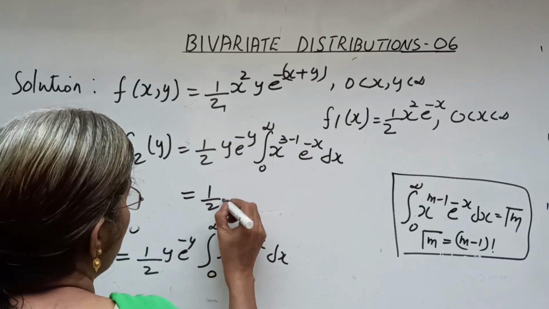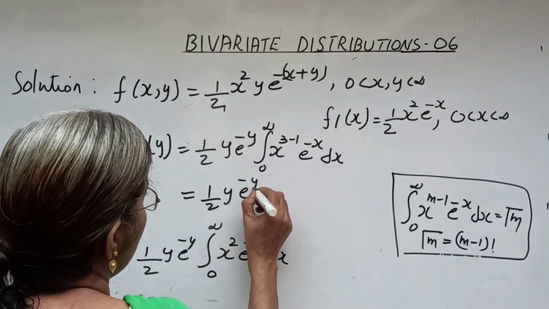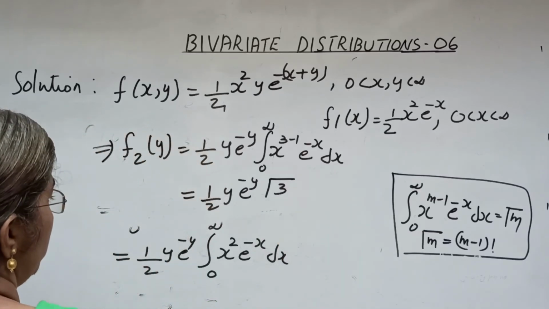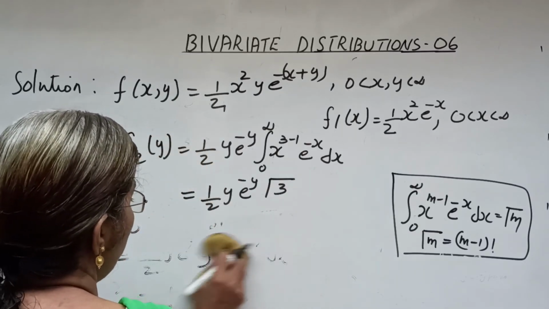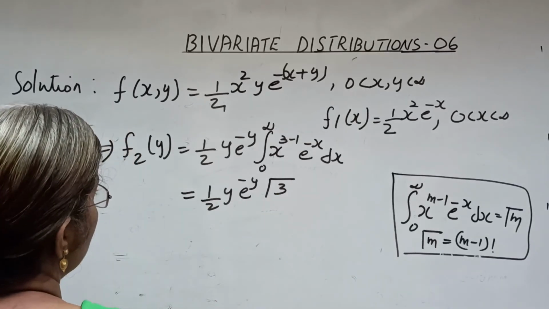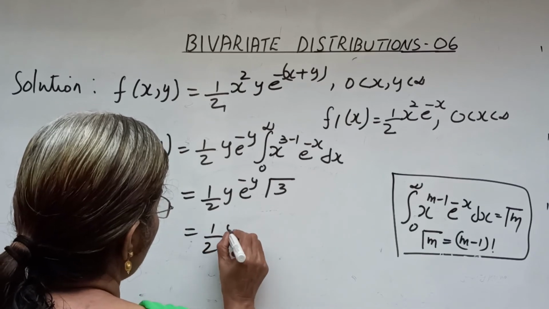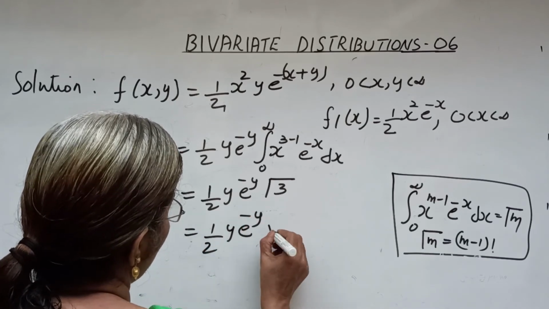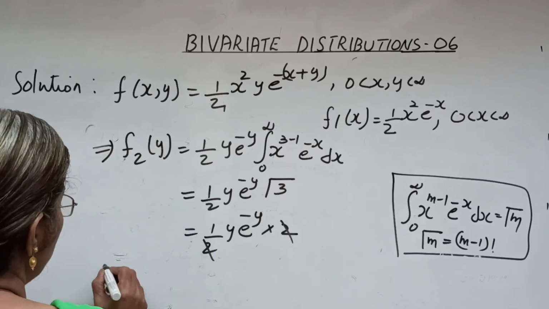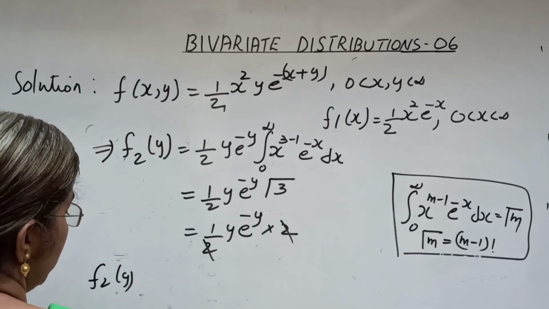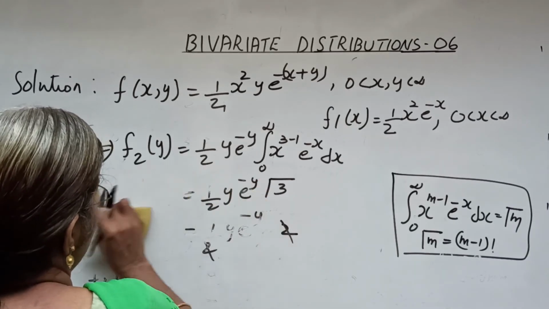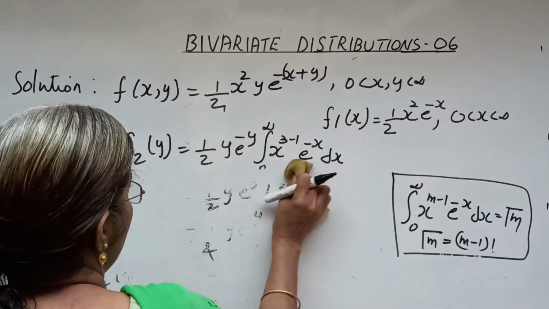So equal to 1 by 2 y e raised to minus y into gamma 3. We know gamma 3 is 2 factorial, which equals 2. So this becomes 1 by 2 y e raised to minus y into 2. The 2 cancels. That is f2y equal to y e raised to minus y.